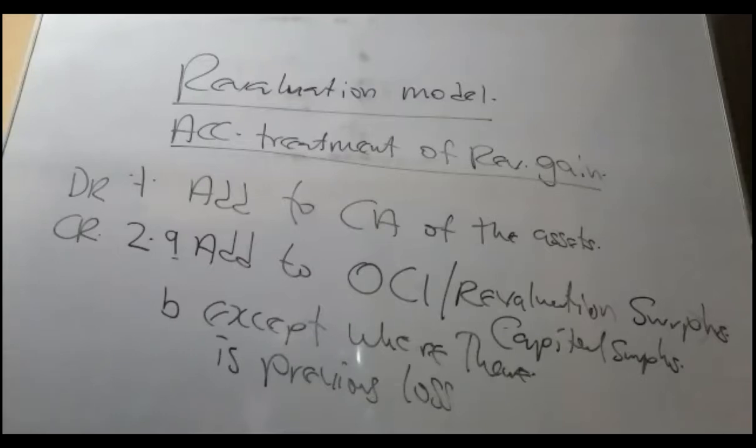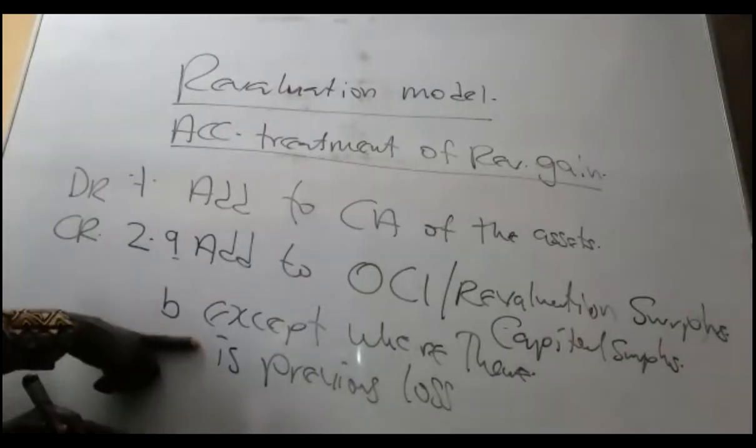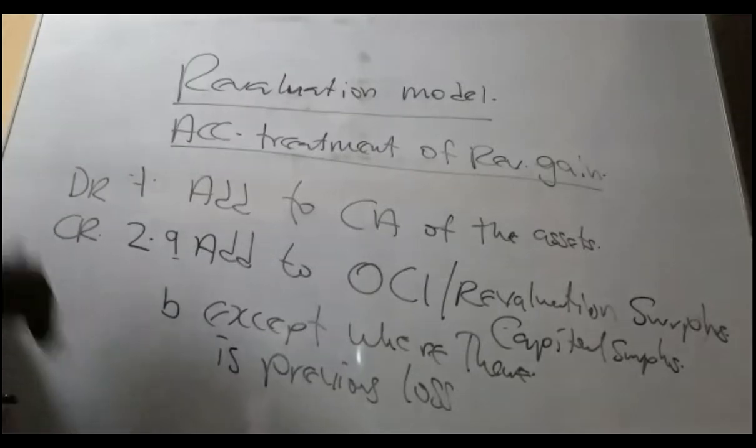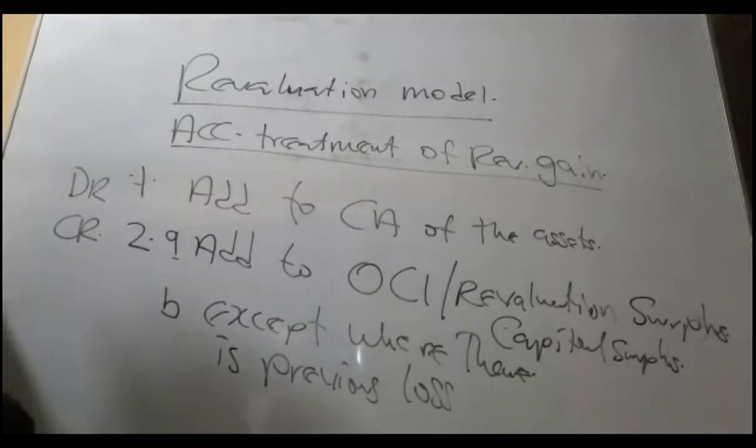Good. So here we are. This is what we are talking about. If there was a previous loss, you cannot record all the revaluation gain in the OCI. That is the bottom line. If there was a previous loss, you cannot record all the gain in the OCI.